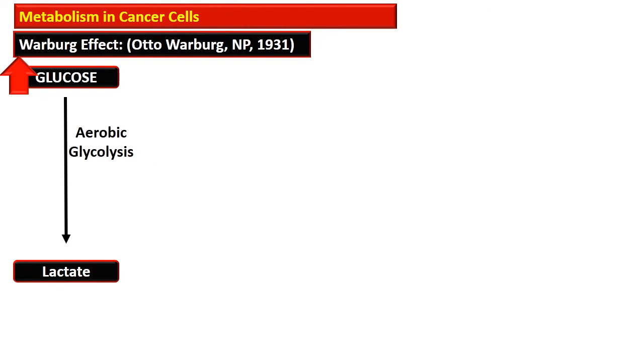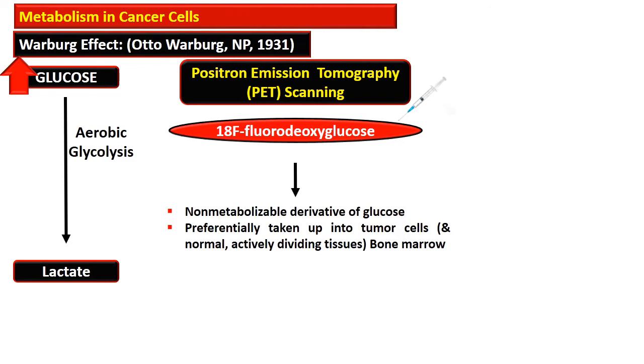For the description of this Warburg effect, Otto Warburg received the Nobel Prize in 1931. So the cancer cell is in constant hunger for glucose, and this increased glucose is converted into lactate through aerobic glycolysis, and this glucose hunger is clinically visualized by positron emission tomography scanning, that is PET scanning.